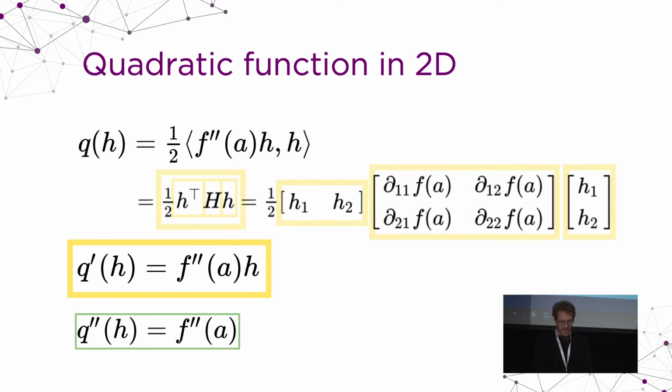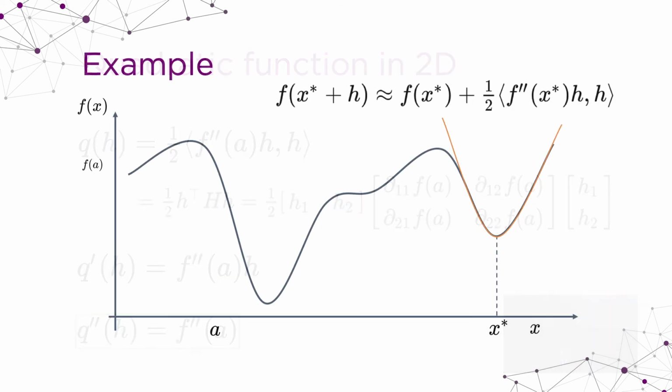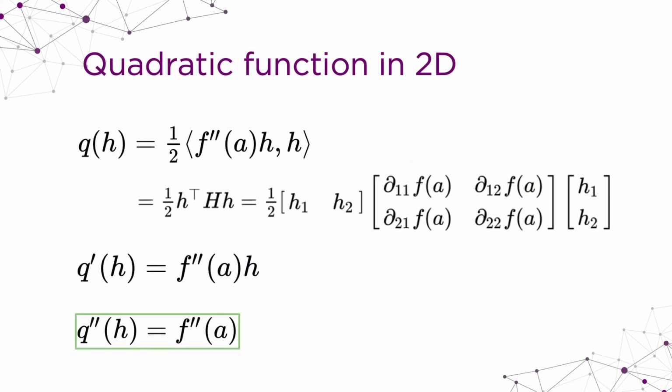So the gradient of it is the Hessian times h, and the Hessian of this function is the Hessian of f. That's why I can use this quadratic approximation to study the behavior of an optimizer in this region, because the curvature represented by the Hessian is the same as my original function here.